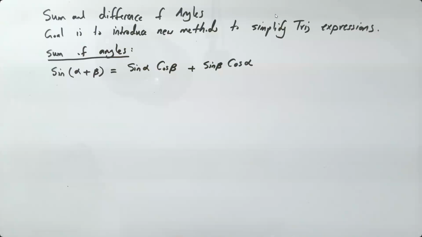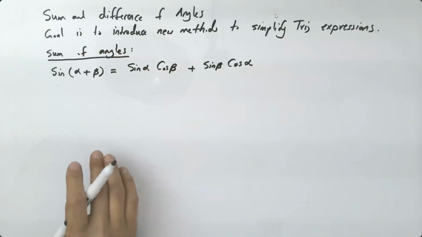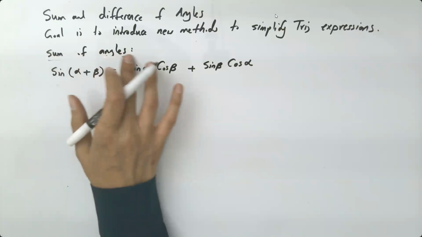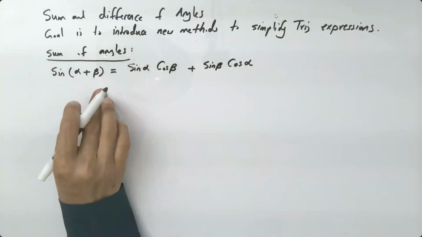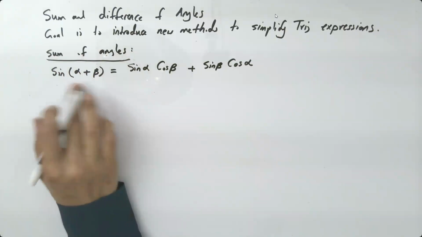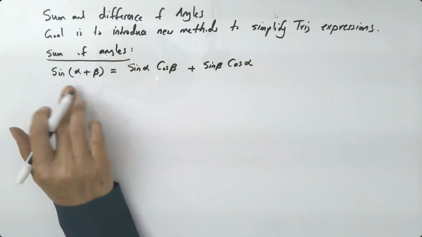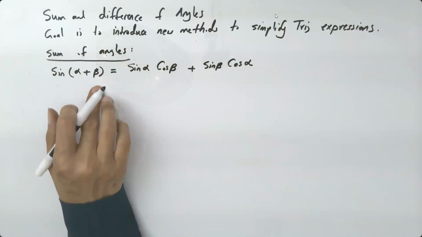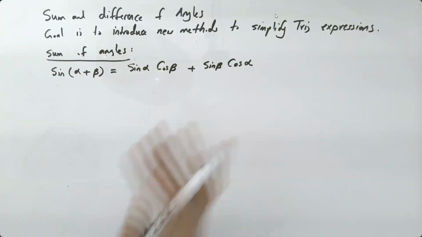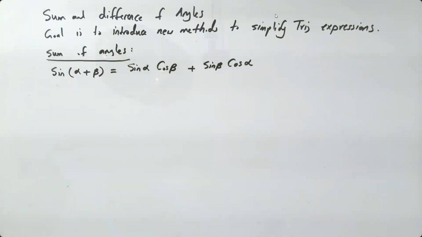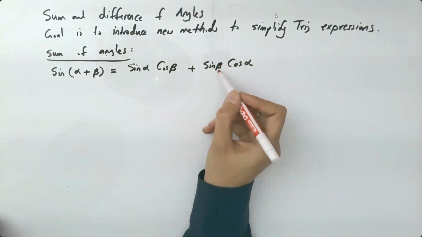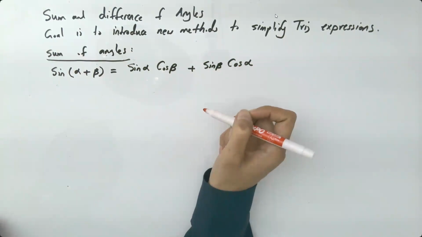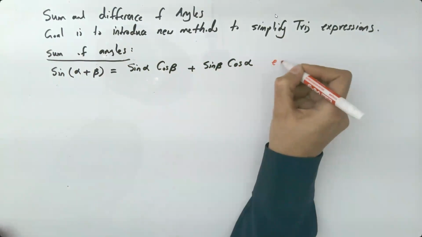So this is the sum of angles. If you have alpha and beta as two angles, and on the left-hand side you have sine of alpha plus beta, you can write it in expanded form as sine alpha times cosine beta plus sine beta times cosine alpha. So this is expanded form.